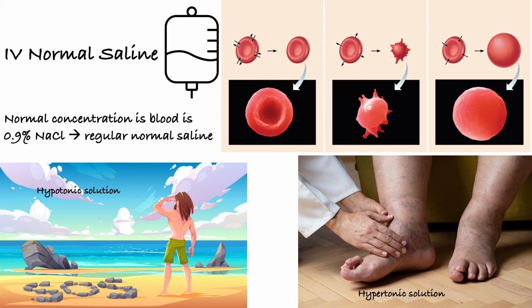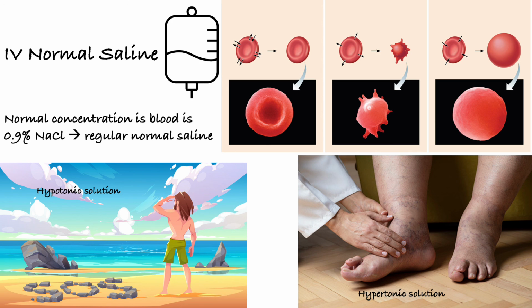So let's say someone is stranded on an island, stranded in the middle, they got lost hiking, and their cells are dehydrated. They were finally rescued and they were so dehydrated. The solution we're first going to give them, obviously in a clinical setting, IV, is going to be hypertonic solution because their cell has shrunk.